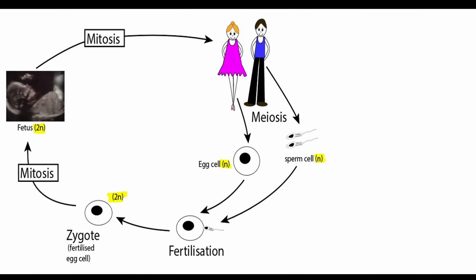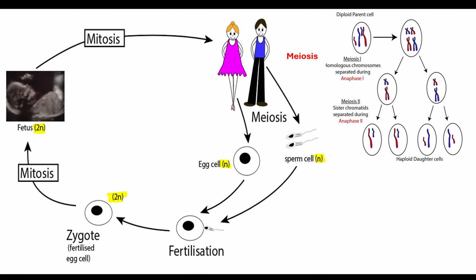Let's just remind ourselves about this whole process and the fact that we know that individuals will go through meiotic division to produce their gametes.